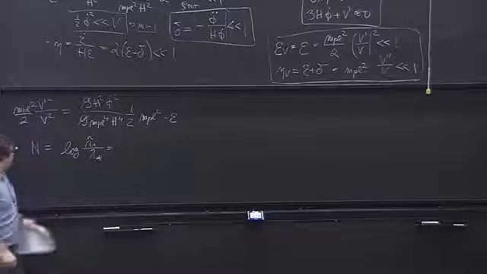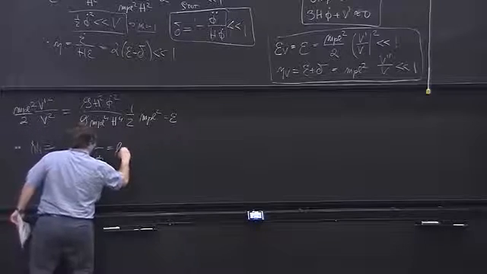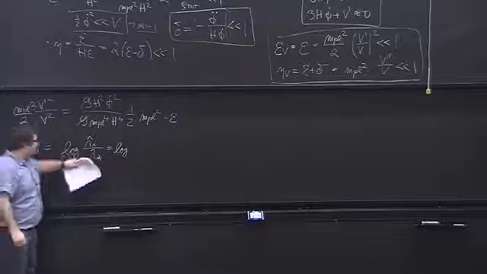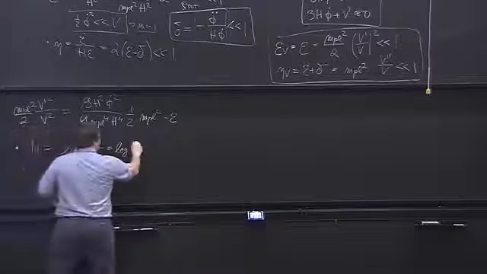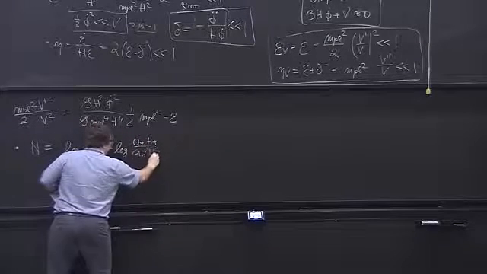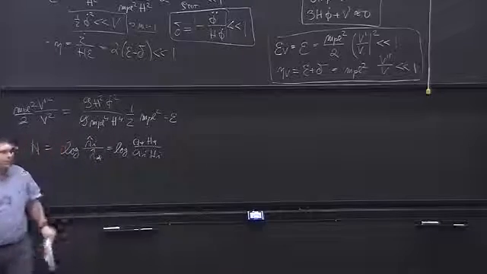Plugging in the definition of the Hubble radius, it's a star H star over a I H I.